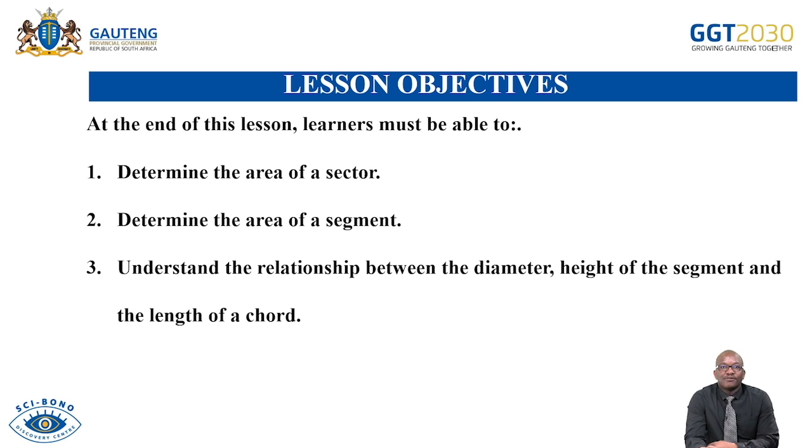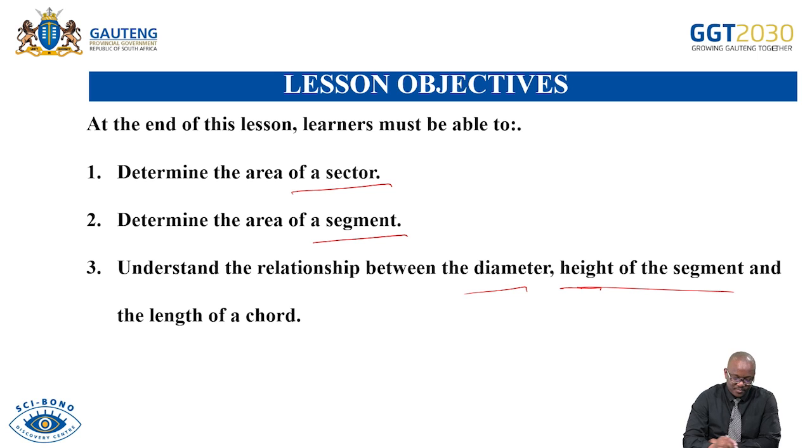At the end of this lesson, learners must be able to determine the area of a sector, and you must also be able to determine the area of a segment, and you must also understand the relationship between the diameter, height of the segment, and the length of chord.